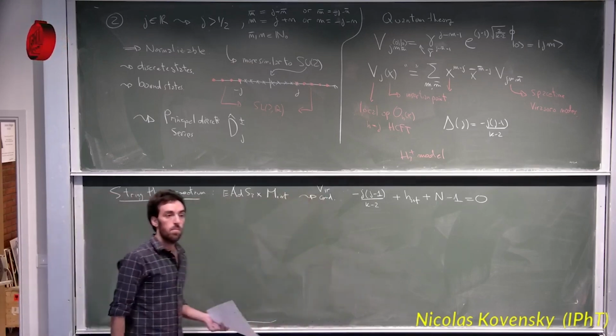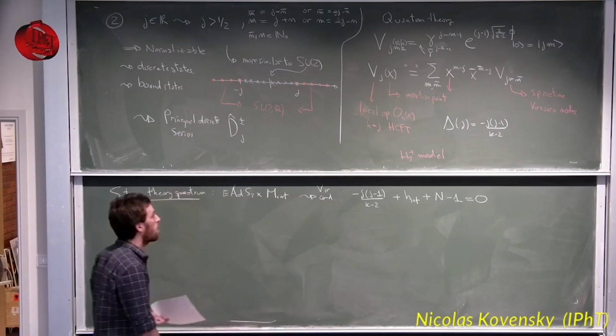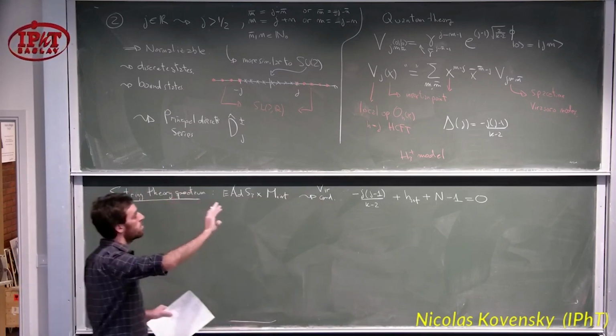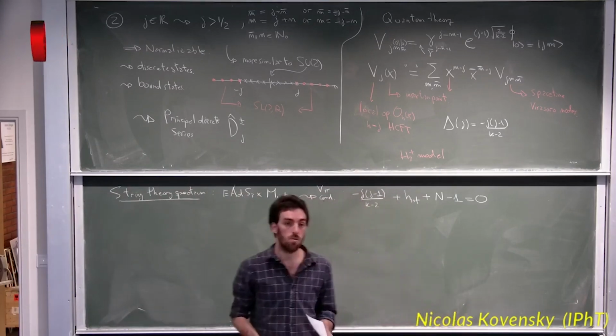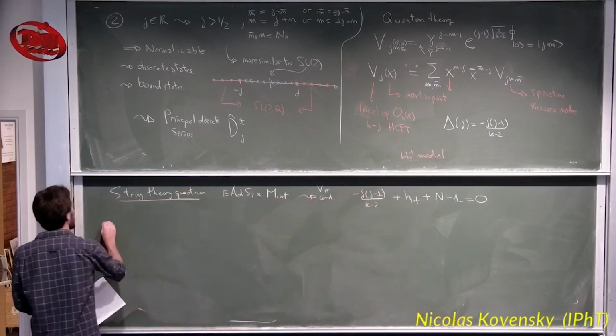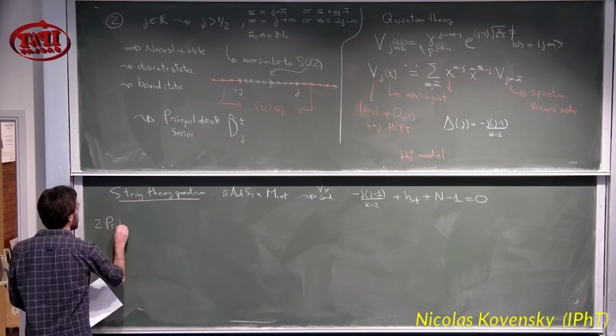And now I have a problem, because both of these states that are in the spectrum that I just constructed are going to be problematic in the usual setting. Why? So I have two problems.